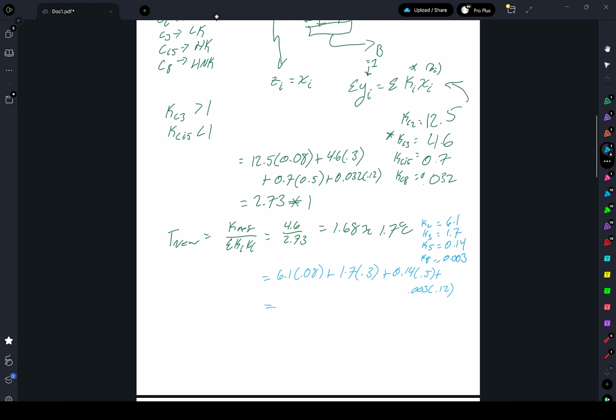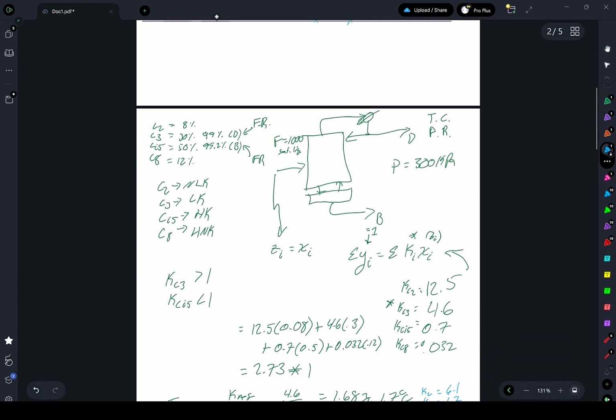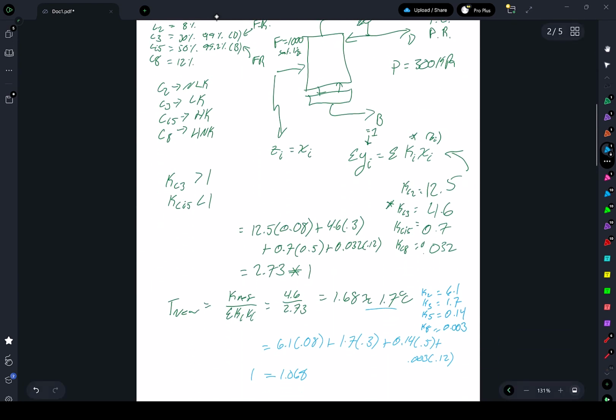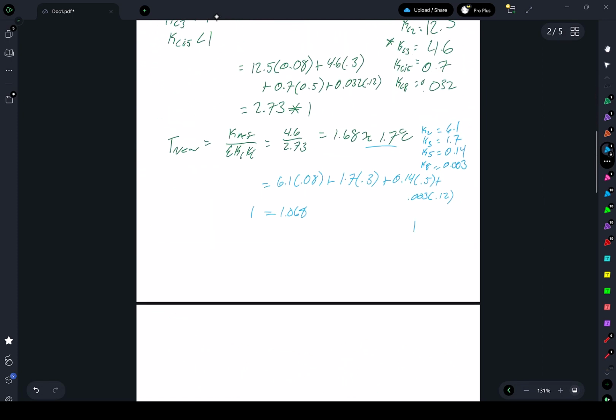What we get here is about 1.068. Is that close enough to 1? For the sake of this problem, we will say that it is. So we're going to say that these are our K values, and we're going to record that temperature, which was just the new temperature we said right here. So the boiling point temperature of the solution is going to be equal to 1.7 degrees C.